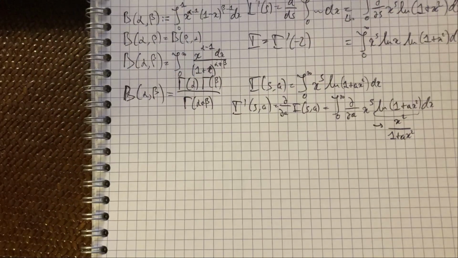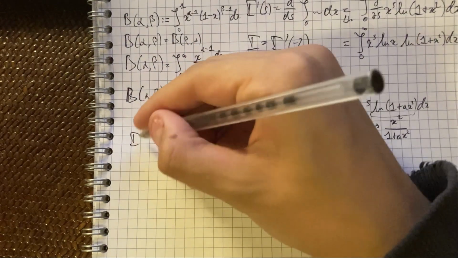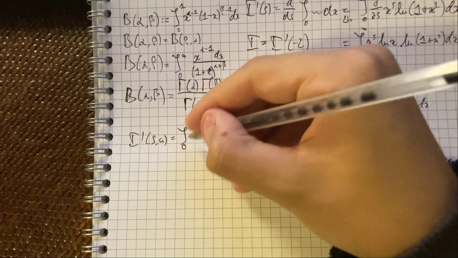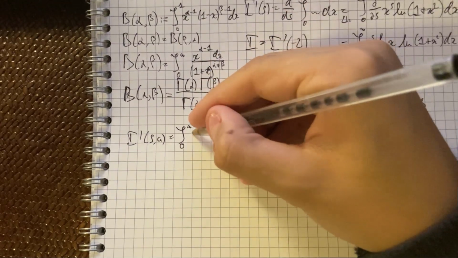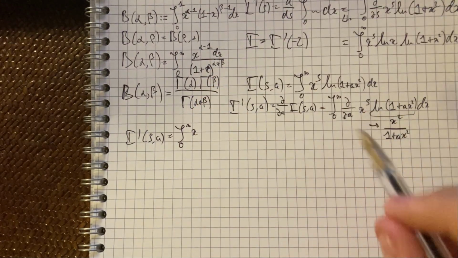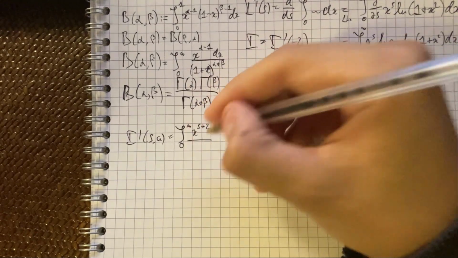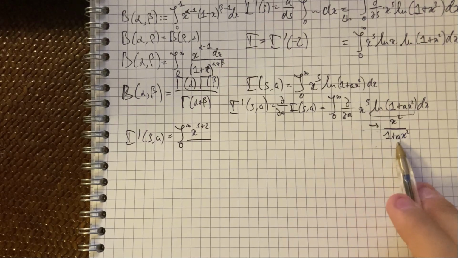So our generalized integral is I prime of s, a equals the integral from 0 to infinity of x to the s plus 2 power divided by 1 plus a x squared dx.